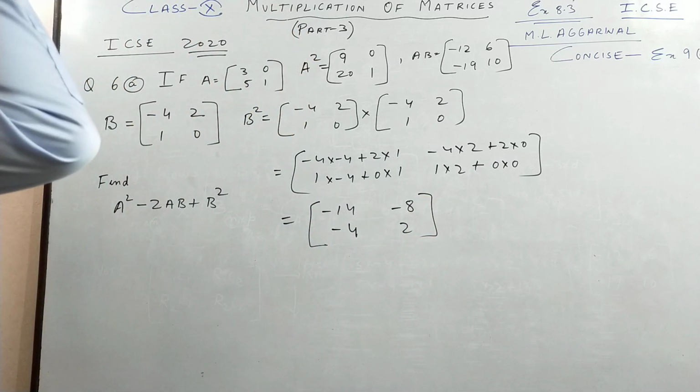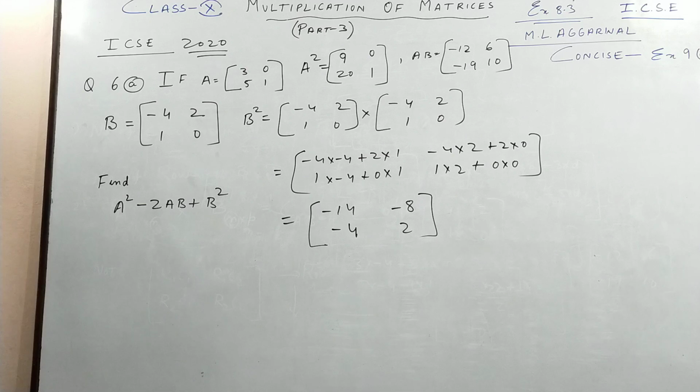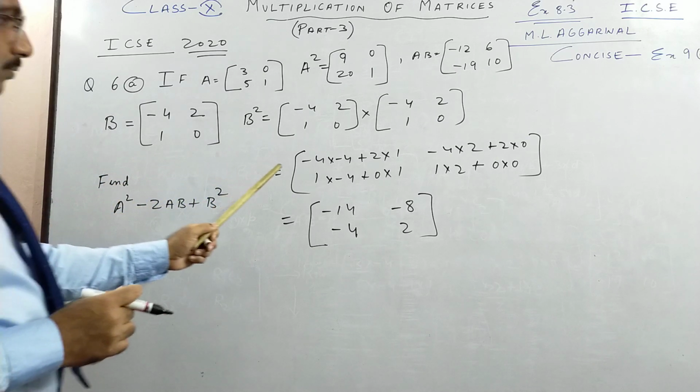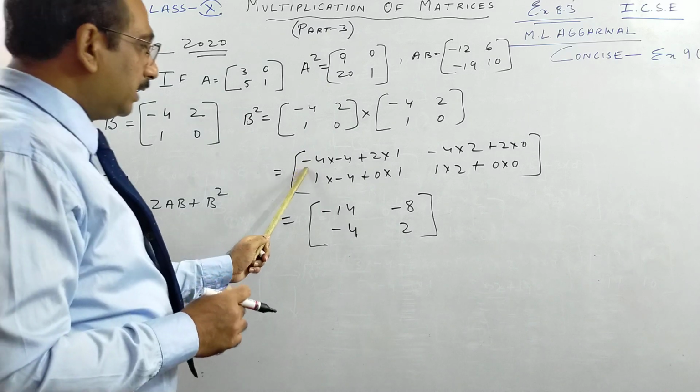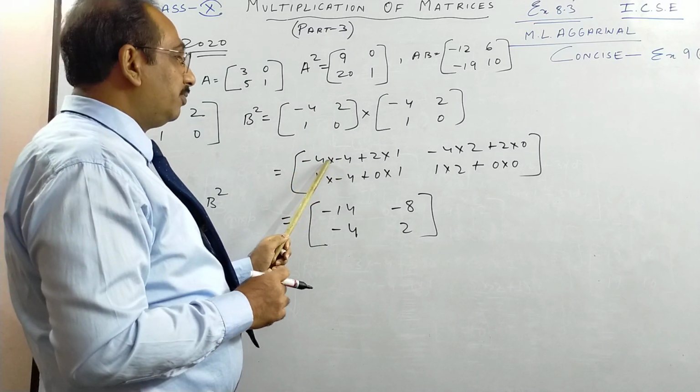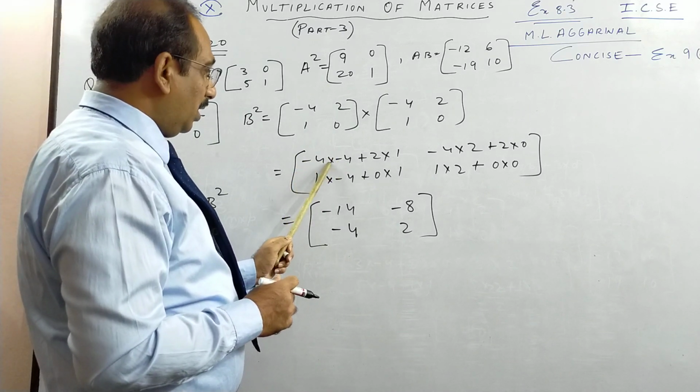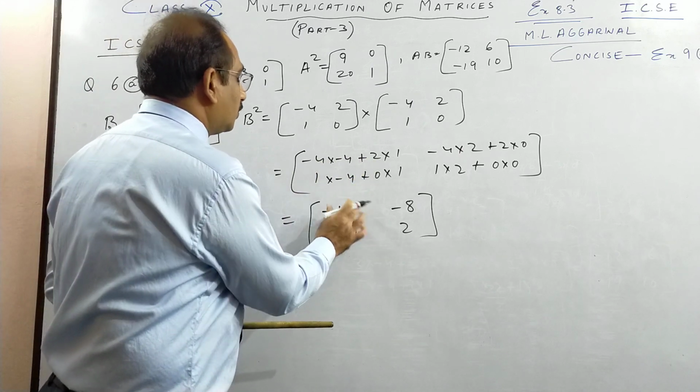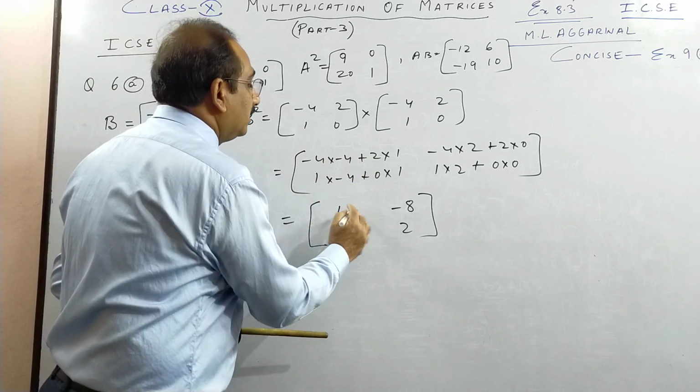Please check nicely with your own hand whether you get this or not. If you see nicely here, it's minus minus, so it will be plus 16 plus 2, so this will be 18, children.